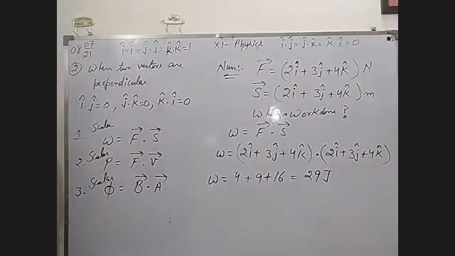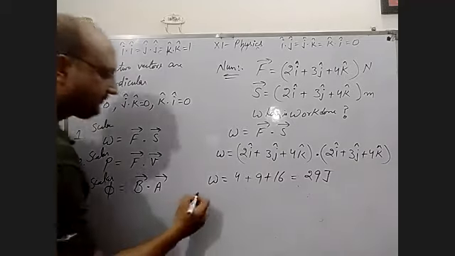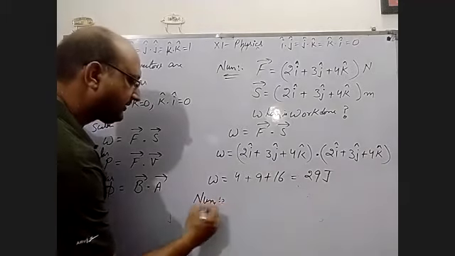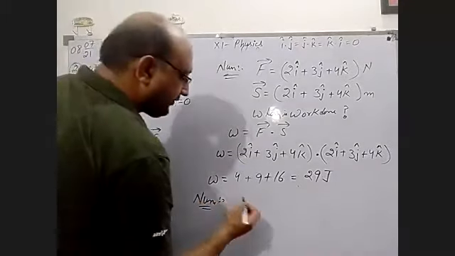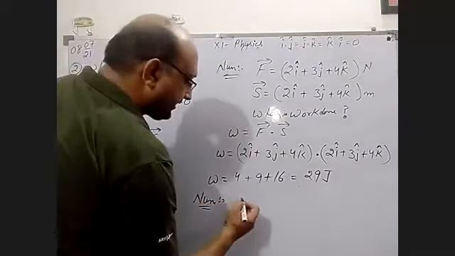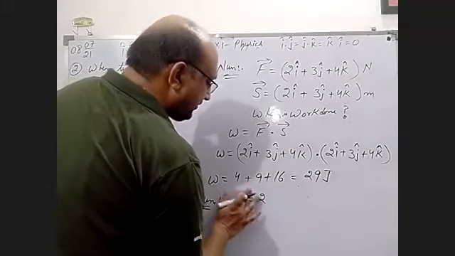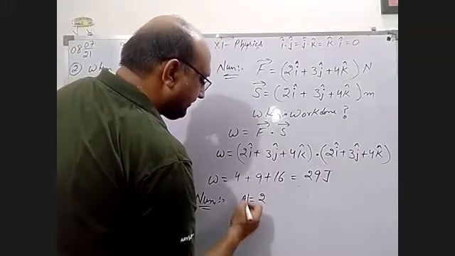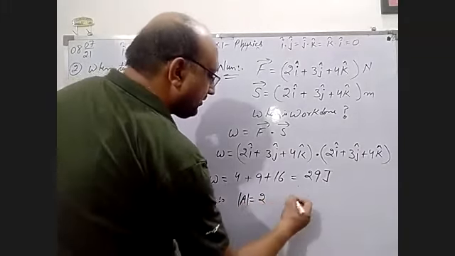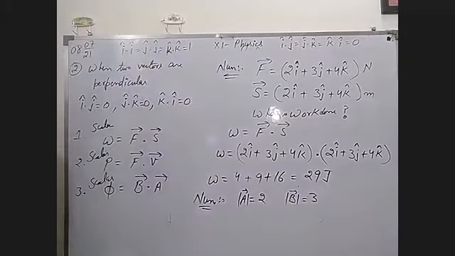Okay. Now the next question is, if the magnitudes of two vectors are 2 and 3. Suppose one is vector A, magnitude 2, and another vector is B, whose magnitude is given as 3.